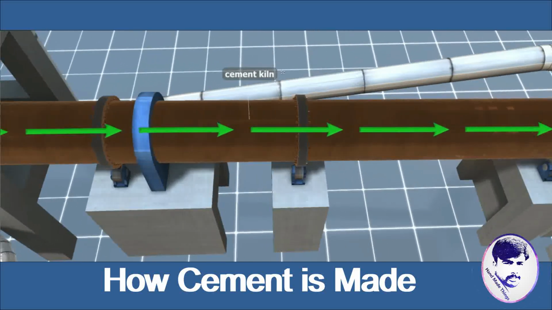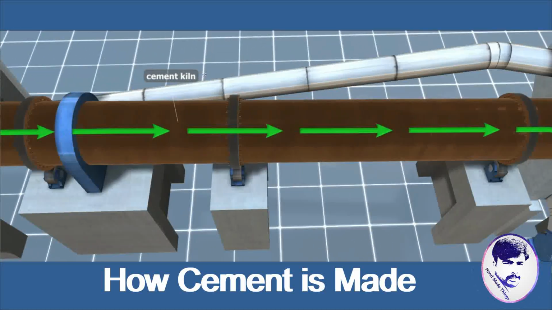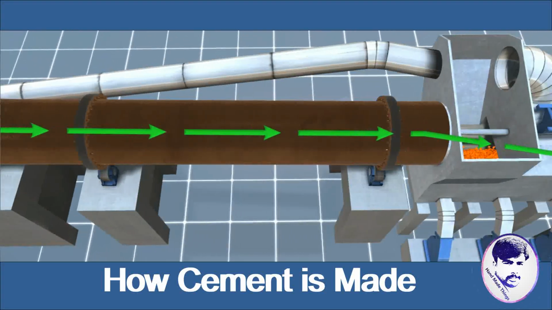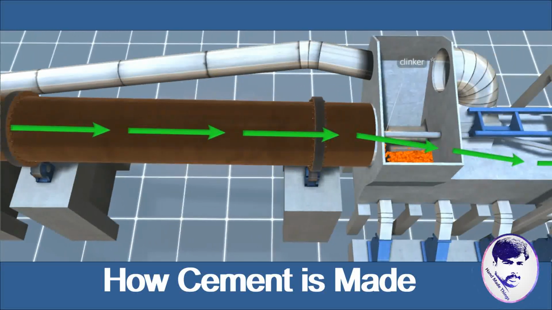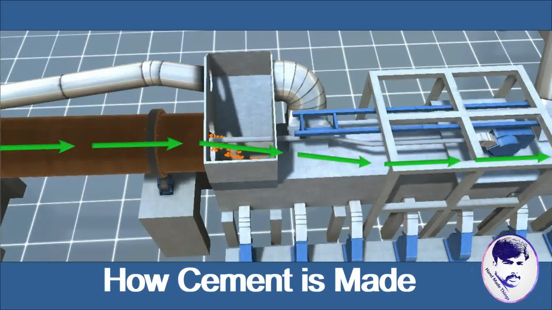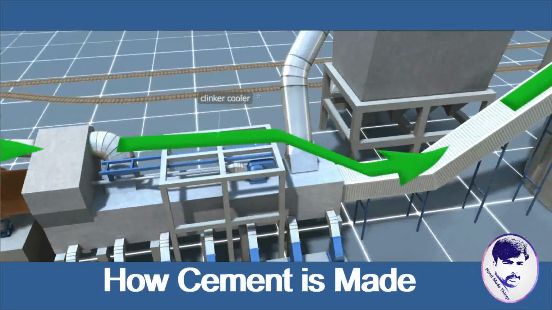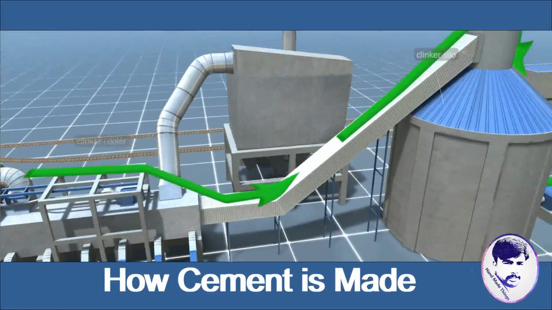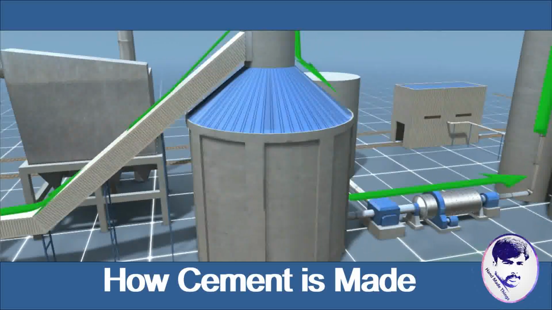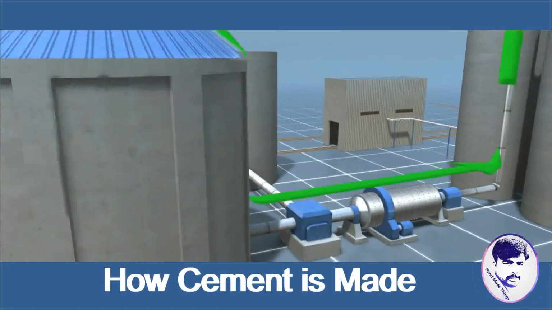During the process, due to the rotary motion of the cement kiln, the materials aggregate into lumps or nodules known as clinker. Clinker then falls out of the kiln into the cooler, where it is rapidly cooled and then stored in a clinker silo.